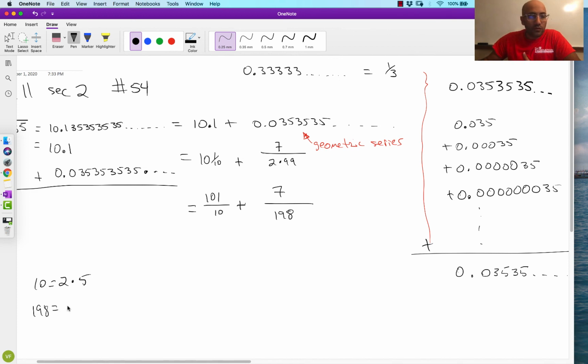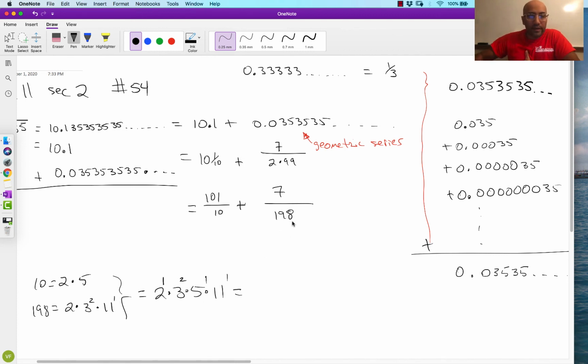Well, that was the 2 times the 99, which is going to be 2 times 3 squared times 11. So we take the 2, the 3, the 5, and the 11, and we use the biggest exponents available. So that'll be 1, 1, 2, and 1. And that product will be the least common multiple.